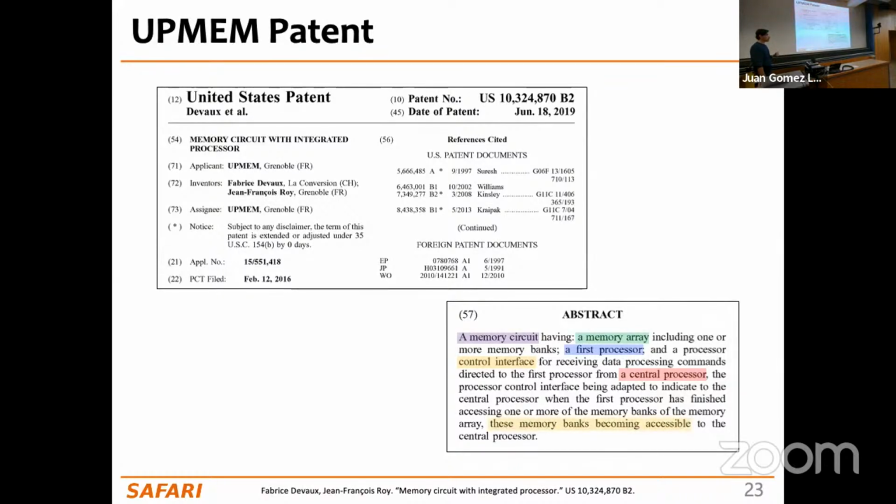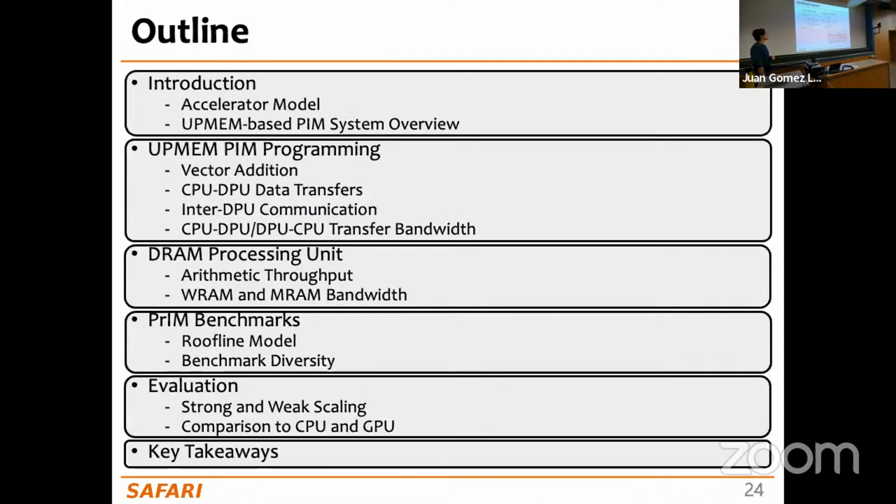And these memory banks become accessible either to the central processor or to the first processor. So basically, the chips are designed in a way that either the DPUs inside the chip are working with the data that resides in the memory array, or the host CPU is accessing that data in order to either write new data or read some results, right? We are going to discuss all of this with a lot more detail.